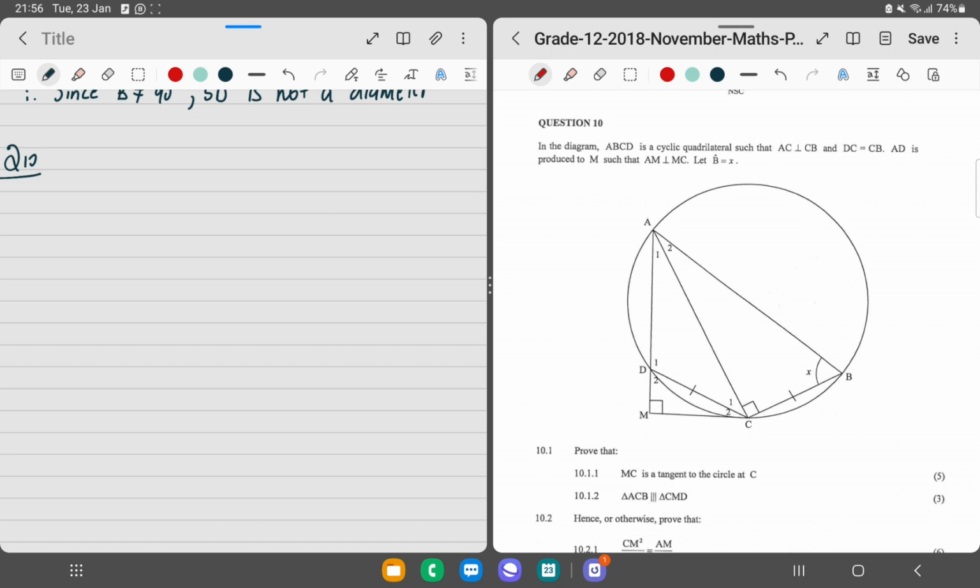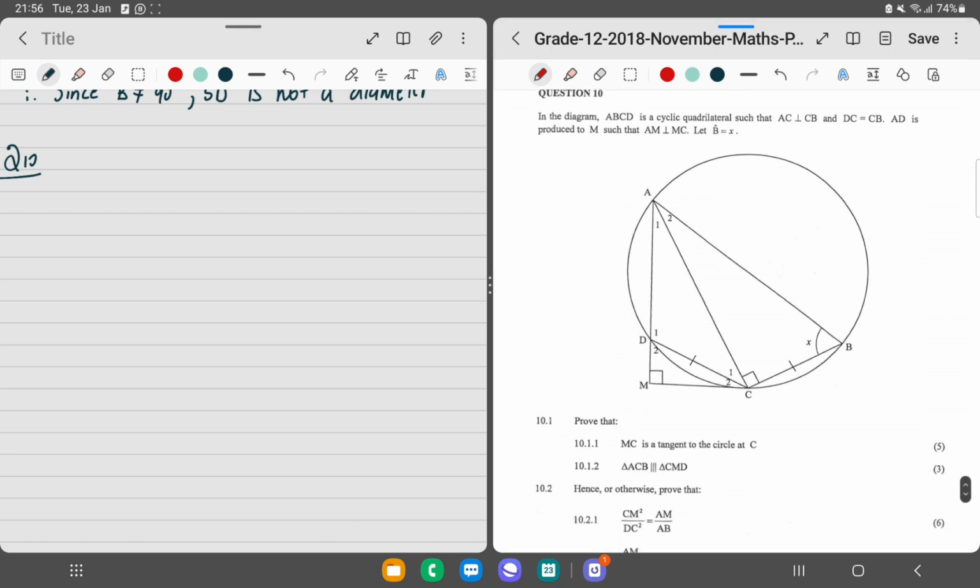Let B be equal to X. Okay. So in triangle ACB, this is going to be 90 degrees minus X. CB and DC are equal chords. Equal chords subtend equal angles. So this is 90 degrees minus X.